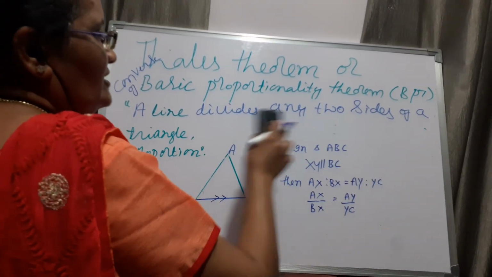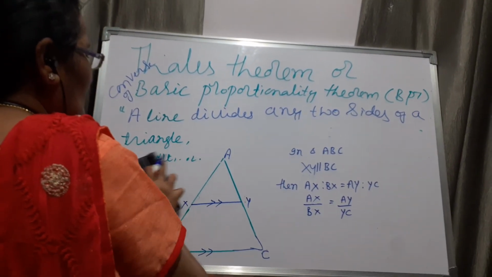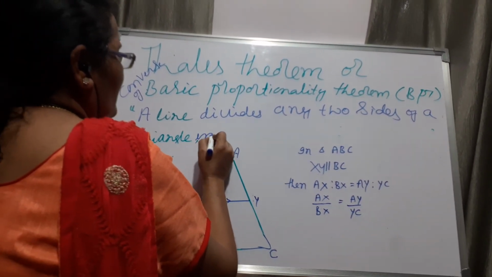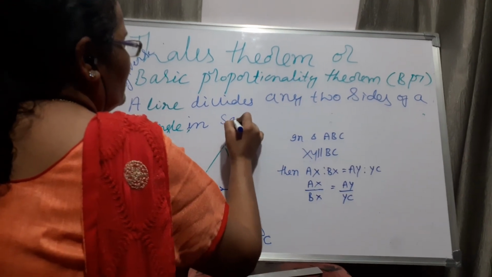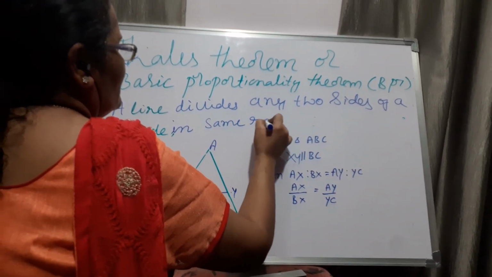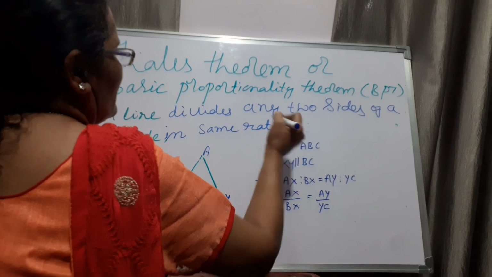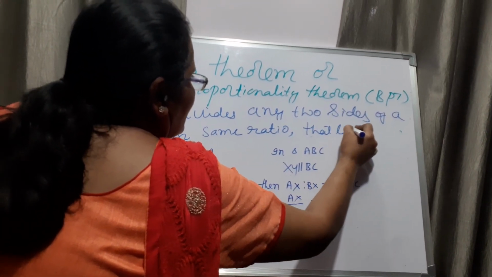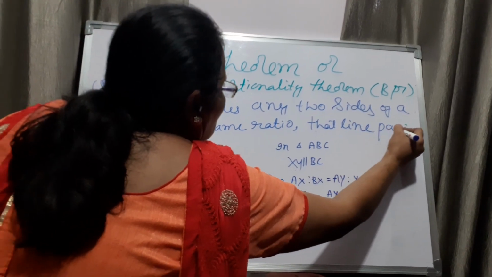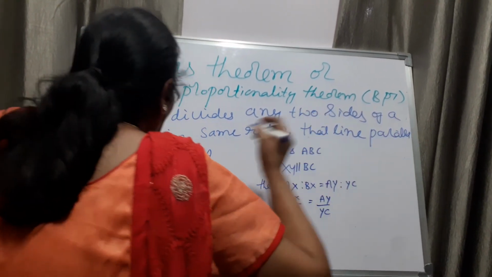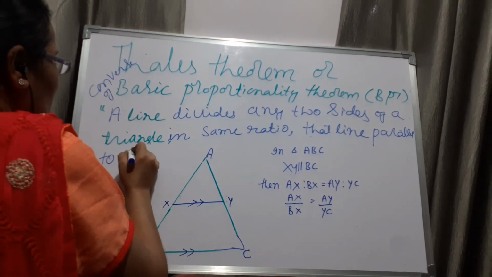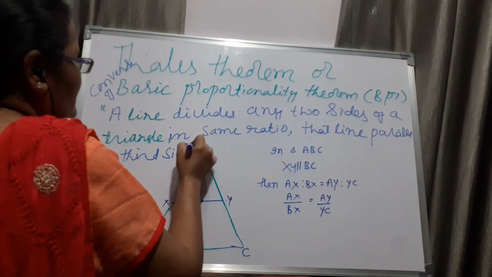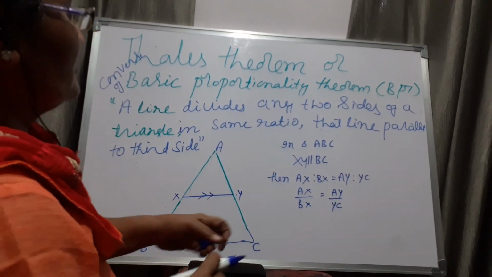A line divides any two sides of a triangle in the same ratio, that line is parallel to the third side. This is called the converse of basic proportionality theorem.